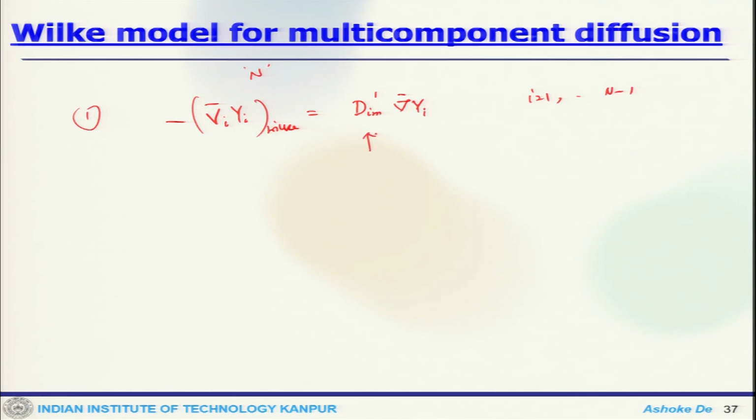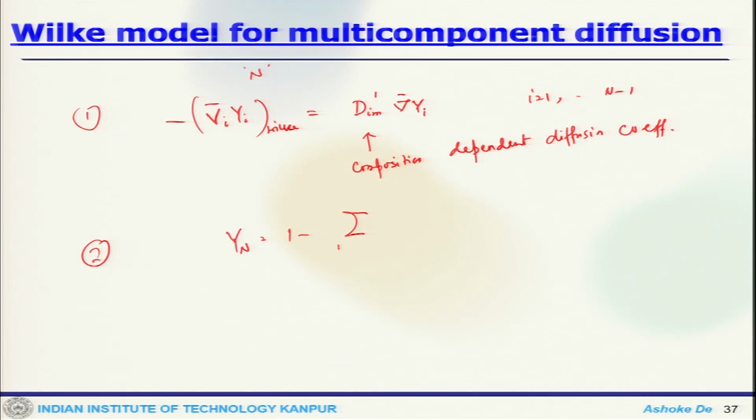Here this is the composition dependent diffusion coefficient. Secondly, we solve for the carrier species, which is 1 minus summation of Yi, and that guarantees the summation of Yi equals 1 for i from 1 to n.